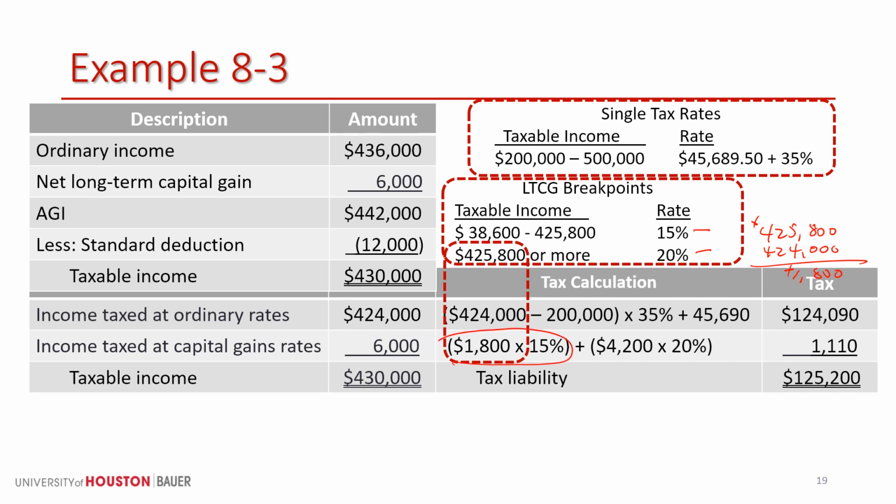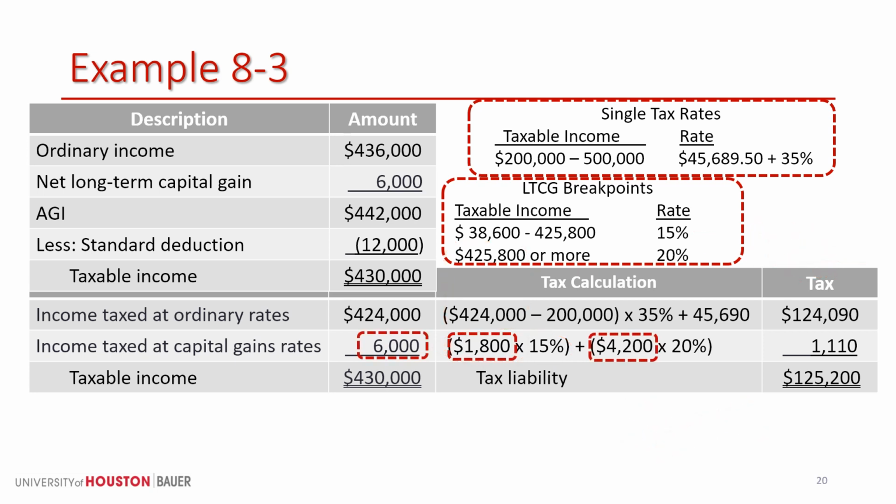So we can see that calculation right down here. He has $6,000. $1,800 is going to be taxed at 15%, which means then that $4,200 will be taxed at 20%. We can see how that is separated out into the components.